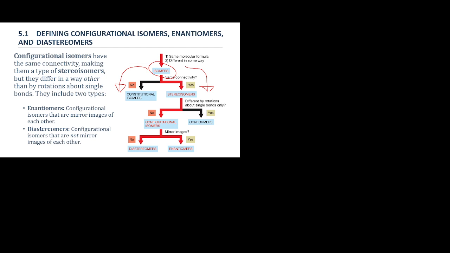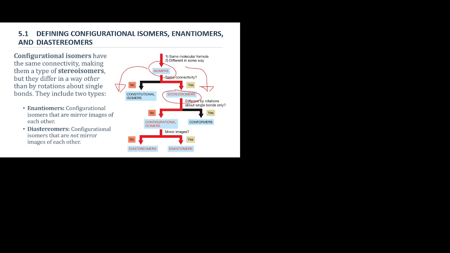Okay. These are the same names for the same thing here. So configurational isomers or stereoisomers. Okay. Is everybody okay with that in terms of terminology? Kind of like a stereo system can be configured in three-dimensional space to give you different sounds, right?